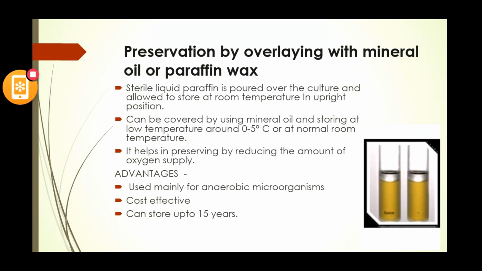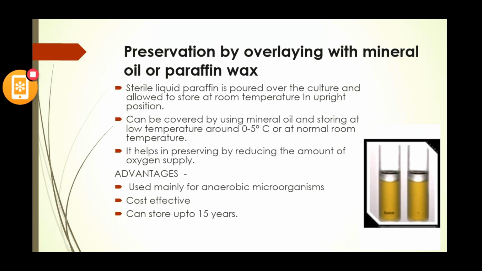In this technique, in a test tube, we have a culture containing the organism we need to preserve. We tilt the test tube to a 45 degree angle and add mineral oil or paraffin wax in the liquid state.